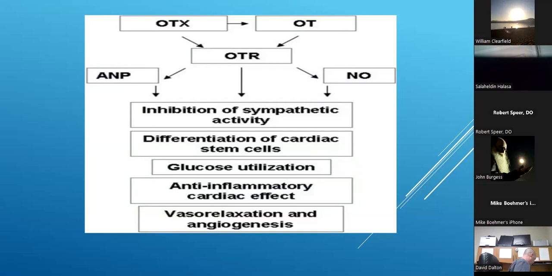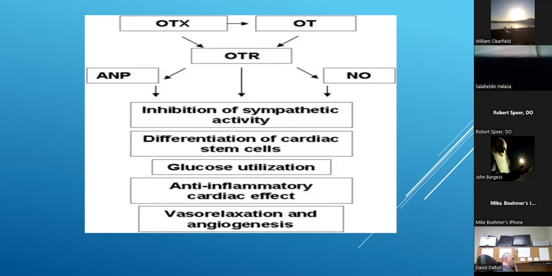When we have angina or myocardial infarction, we need to increase the blood flow, but at the same time we need some anti-inflammatory effect to prevent the ischemic reperfusion injury, and we also need to decrease the volume overload of the heart.